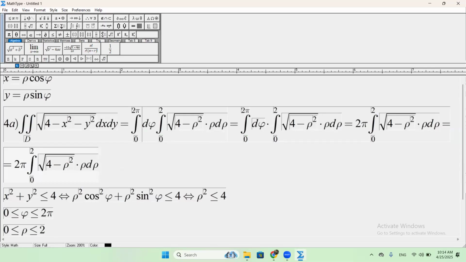So we have minus one half, and here we have the differential of this expression. And now let's integrate.